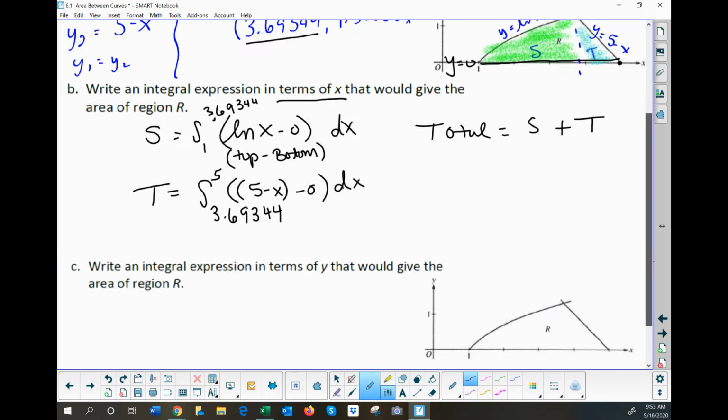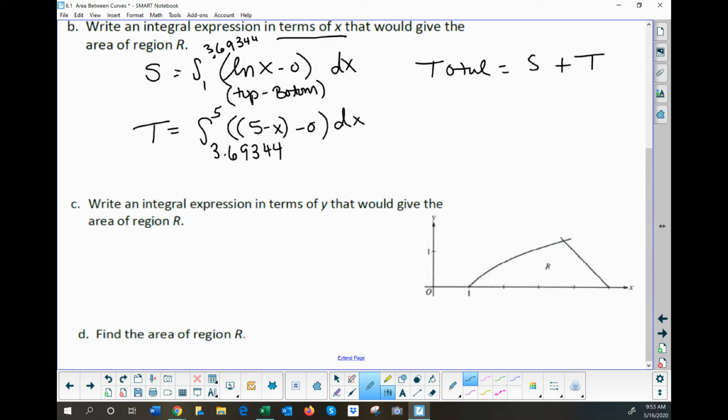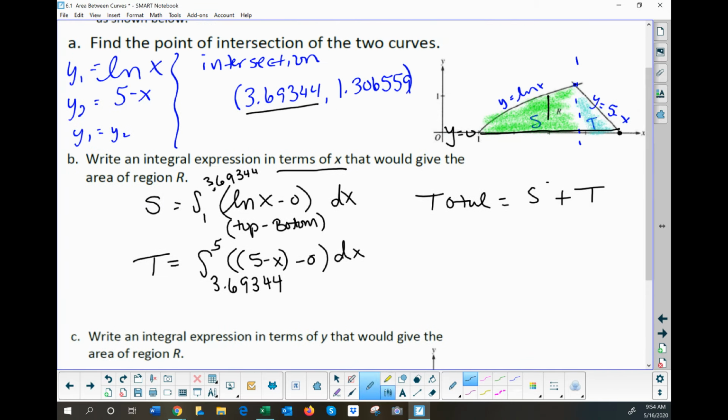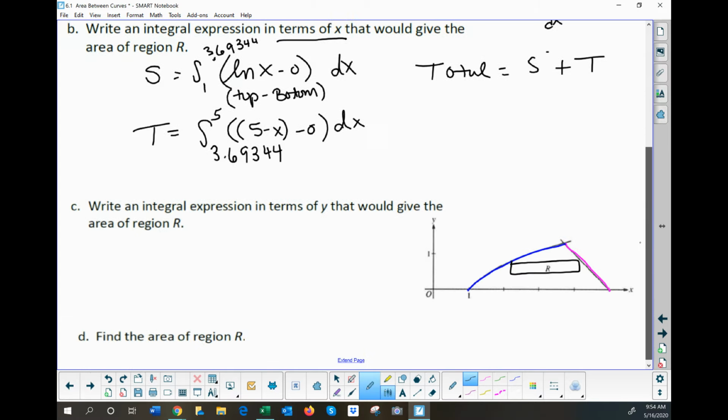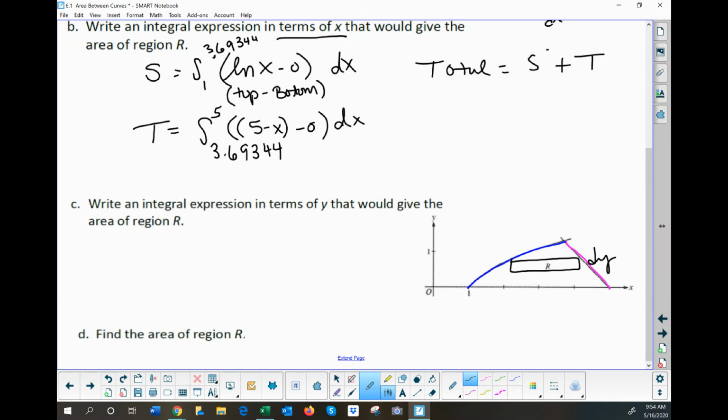Let's take another approach. Let's do the integration with respect to y. So now I have right function, left function, and I want to situate the rectangle horizontally. Up here we had rectangles situated vertically. Width of dx, this one, width of dy, which really expresses to you how you're going to set your integral up.